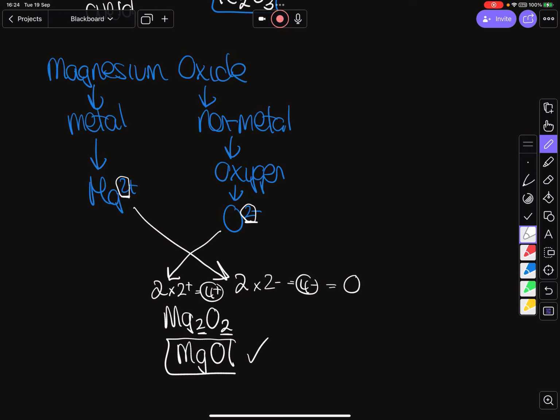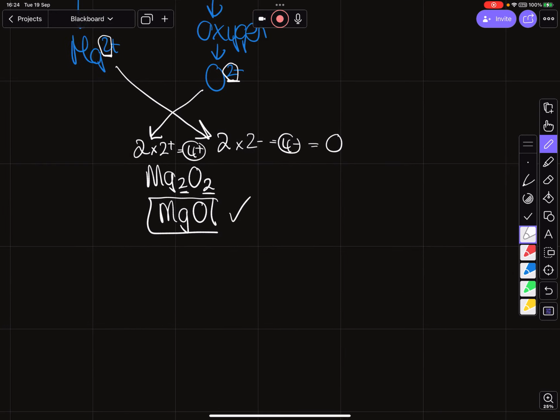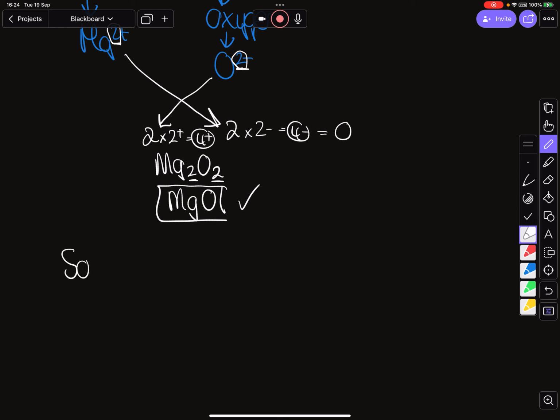So we are going to try a different one. Let's see what we will do. I know you know what the formula for this is, but we'll just prove it. So we're going to go with sodium chloride. So I know this is my metal. I know that the charge on it is going to be plus 1 because it lives in group 1.